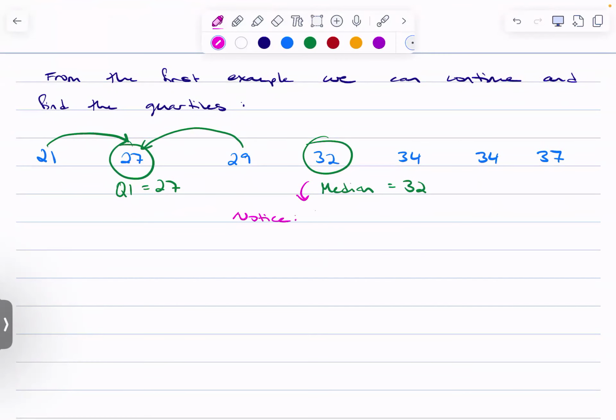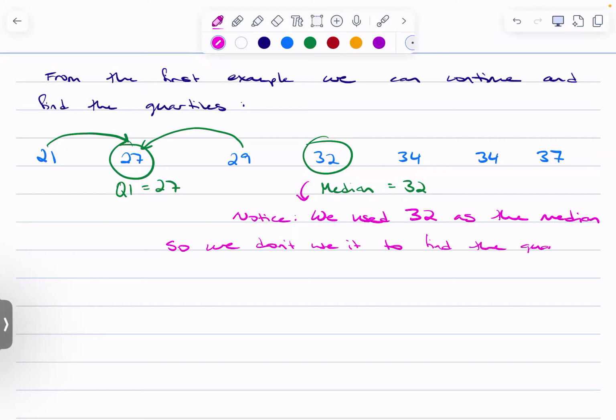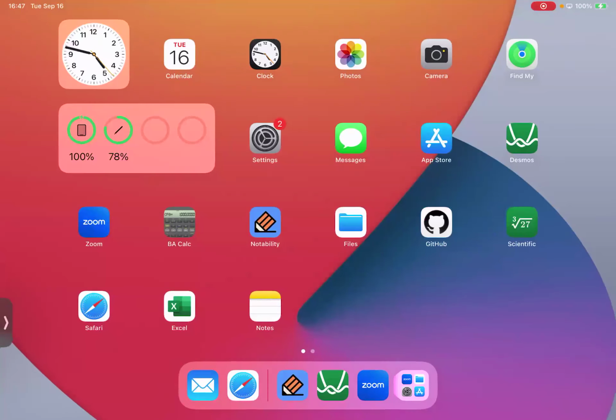Notice we used 32 as the median, so we don't use it to find the quartiles. It's just a cutting point. Same thing for our Q3, it's 34.